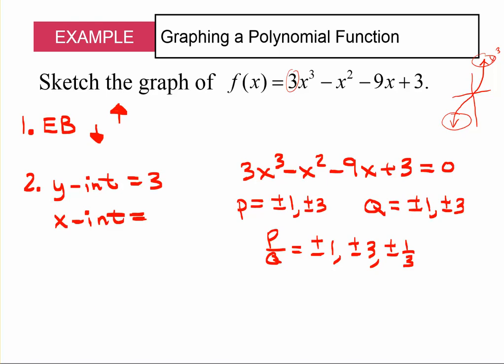Positive 1/3? Perfect. Okay. Coefficient of x cubed, coefficient of x squared, coefficient of x, and constant. Coefficient 1/3 I think should work. I'll let you guys finish that off using the synthetic division.